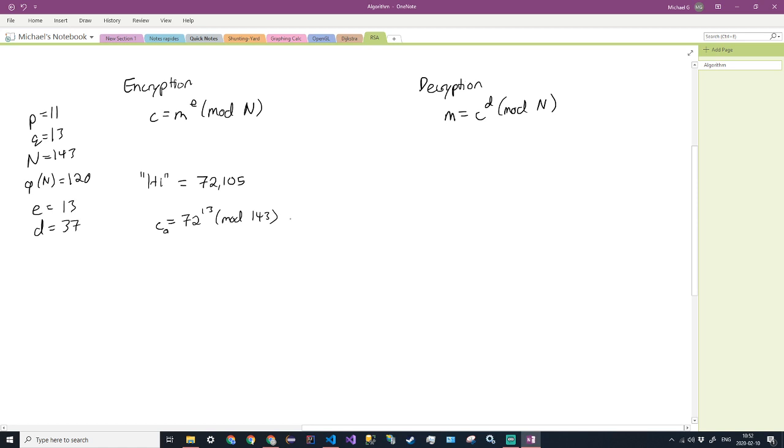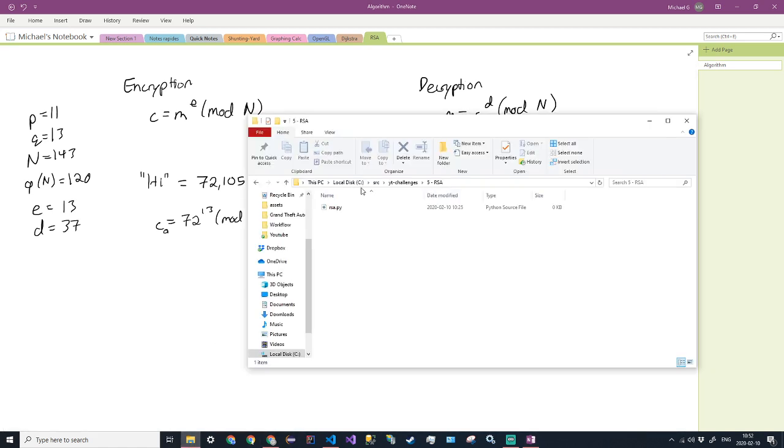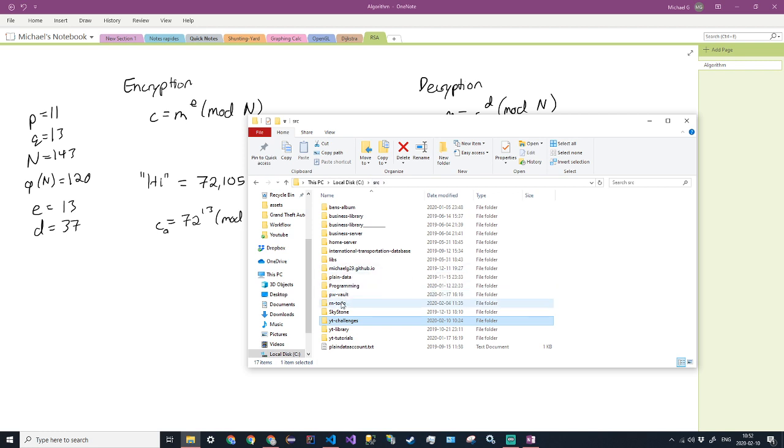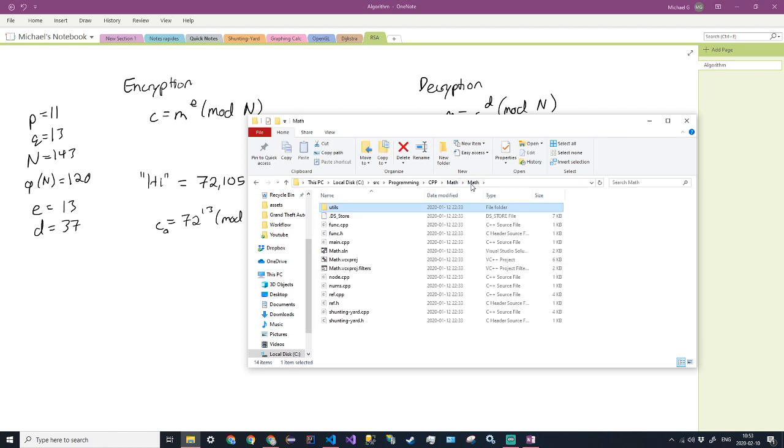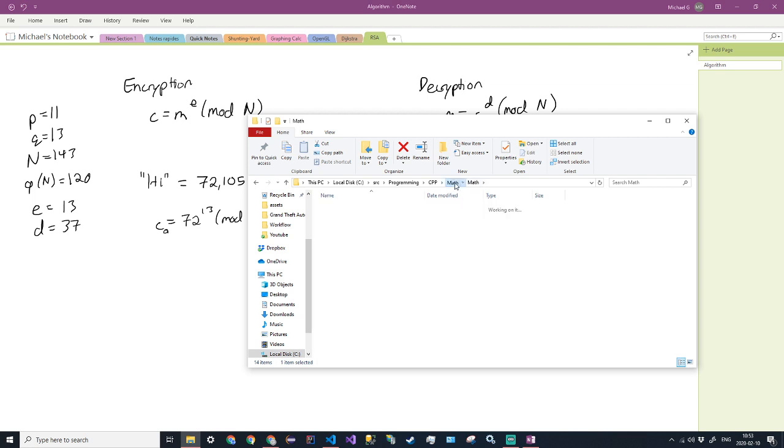And I don't have my calculator. Well, I actually do have a calculator. Hold on. I did this in Python.